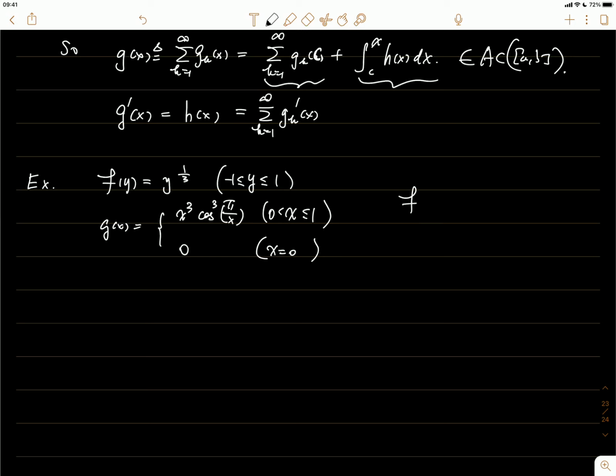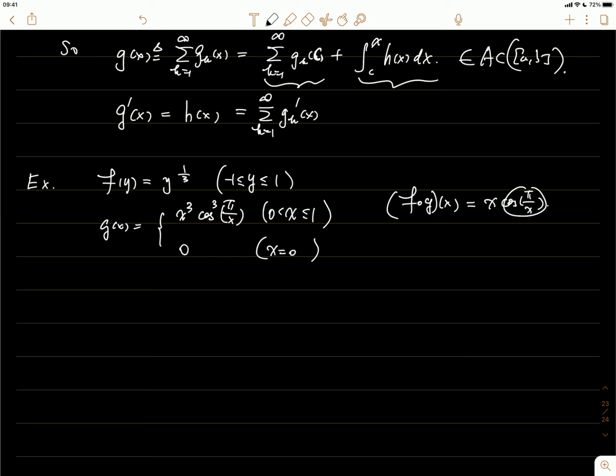But the composition of these two is something we have seen before, because it's just x cosine(pi over x). For this function, we can choose a partition such that the variation over the partition is blowing up when we choose the partition right at the points where this is equal to +1, -1.